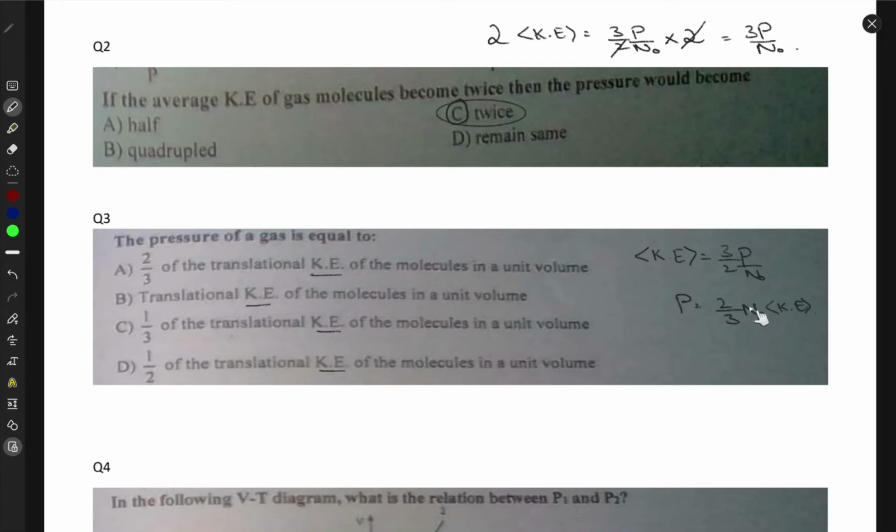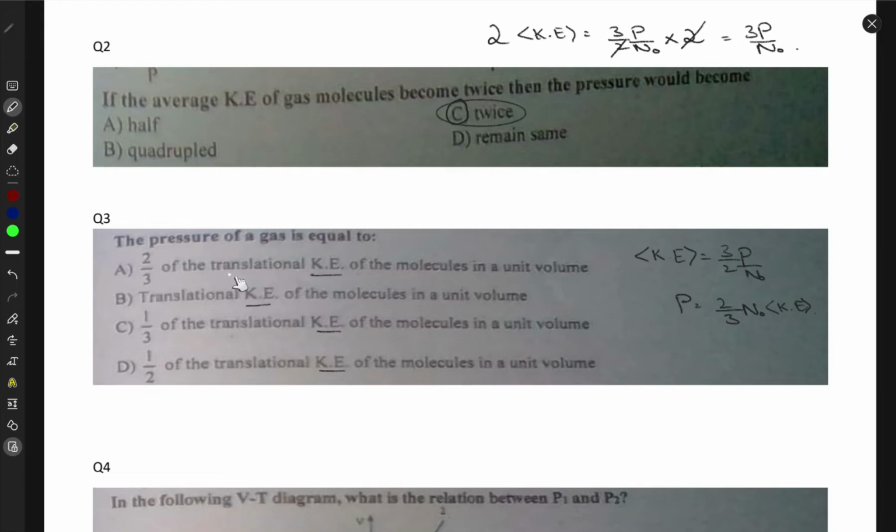It means that the pressure is 2 by 3 times the average translational kinetic energy times the number of molecules per unit volume.